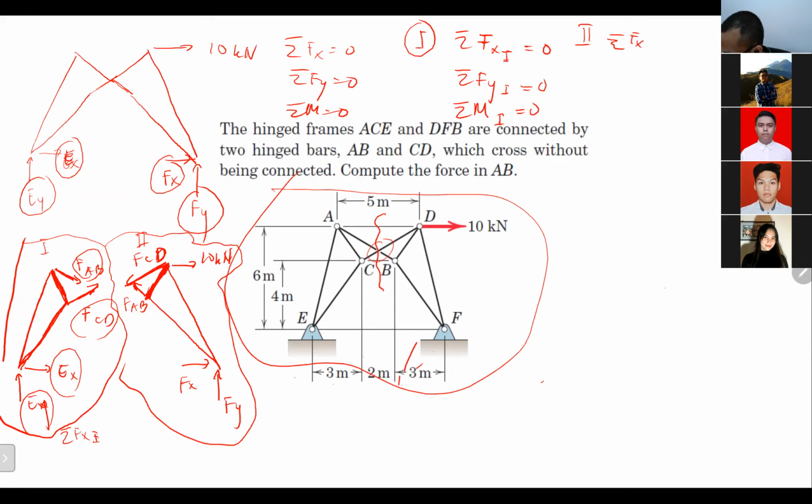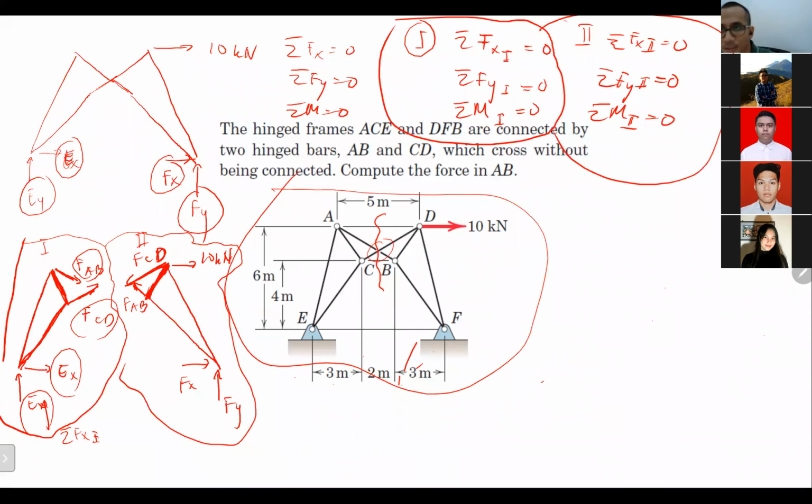Sigma fx2 equal to 0. Sigma fy2 equal to 0. And sigma moment 2 equal to 0. These are 2 different sets of equations, right? But still, if we only take a look at the second set of equations, it will not be able to solve the second free body diagram because we have 4 unknowns, right? Yes.